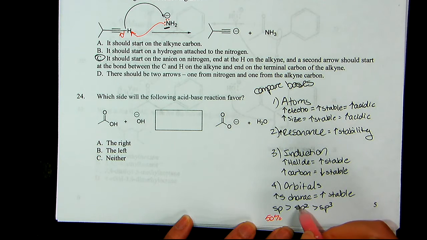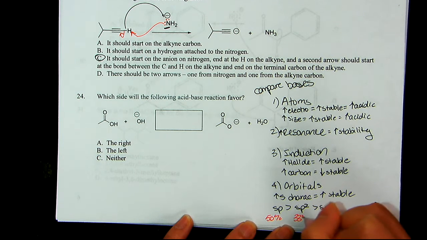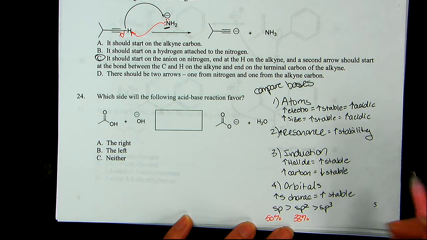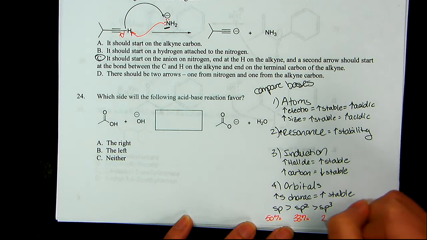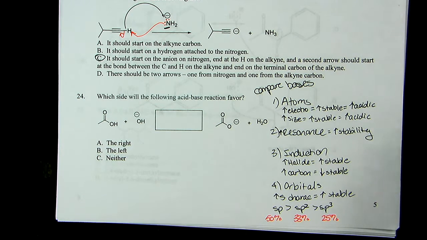Here, if you do 2 plus 1, you get 1/3. You get 1 s out of 2 p orbitals, so 1/3, and that's 33% S character. Here, 3 plus 1 is 4, right? So you get 1/4 out of the whole thing. 1/4 is the S, so that is 25% S character. So that's where they get the S character from, that fraction.